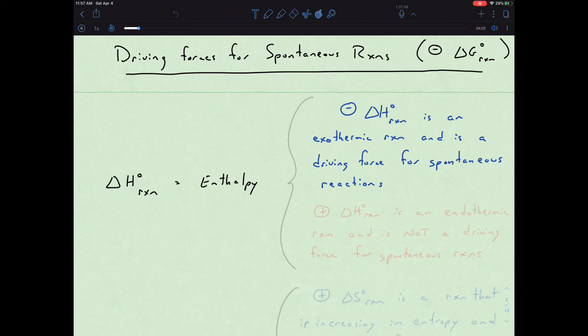So that's one type of driving force, our enthalpy. If we have a negative enthalpy, then that leads to a negative delta G according to the expression for Gibbs free energy. And so that would be a driving force.